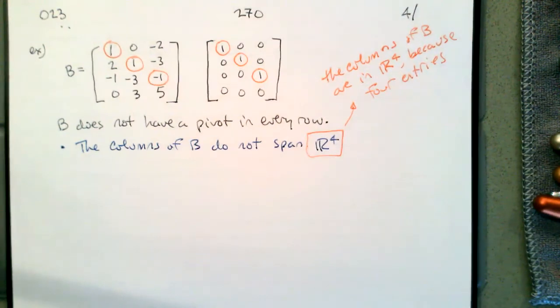They have 4 entries, so they're in R4. The columns of B do not span R4. The only thing we can build out of the columns of B is going to be in R4 because of the 4 entries. And there are some things in R4 that we cannot build.